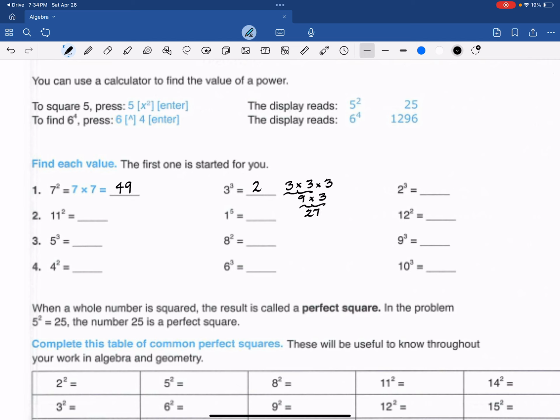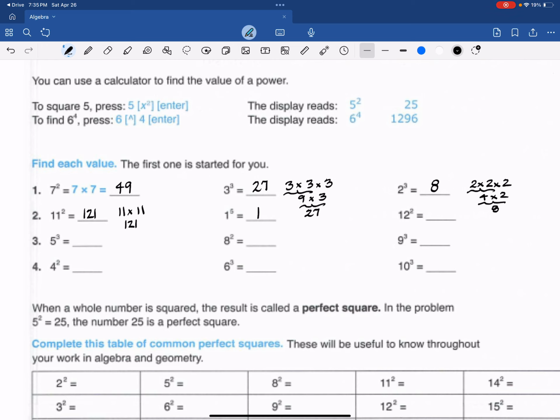So 3 cubed is 27. 2 cubed is going to be 4 times 2, which is 8. 11 squared is 11 times 11, or 121.